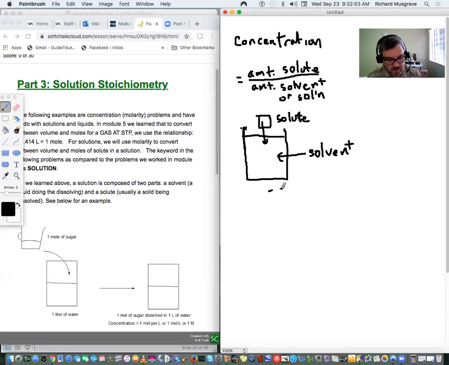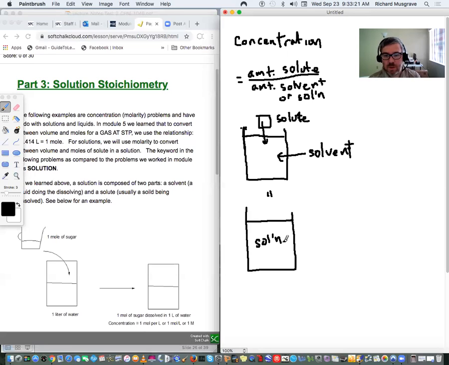After you've added those things together, what you end up with is a solution.